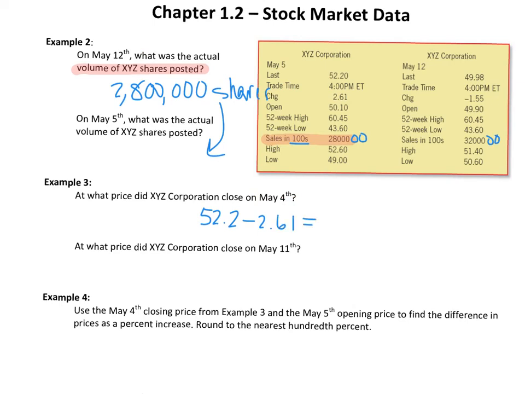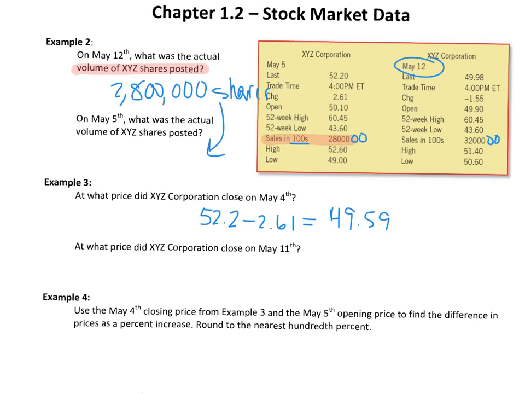And I'm going to need a calculator for this. $52.2 minus 2.61, 49.59. So what that means is that it was 49.59 the day before.